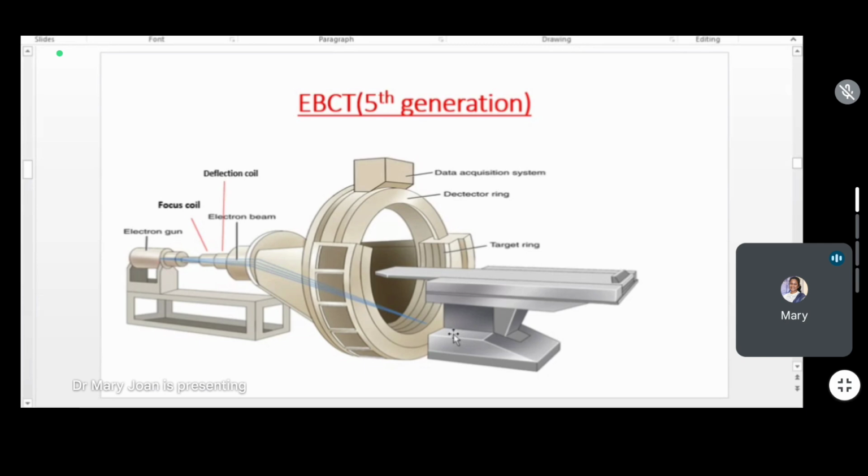From here, the X-rays are produced and pass through, and then the detector above the patient will detect the information from the X-rays which have passed through the patient's body.